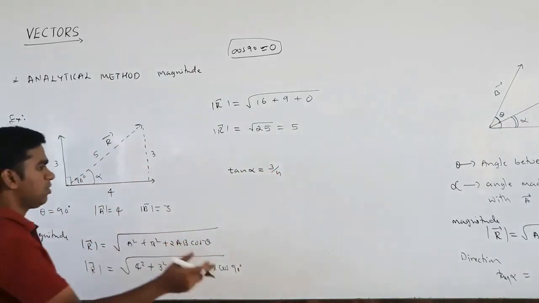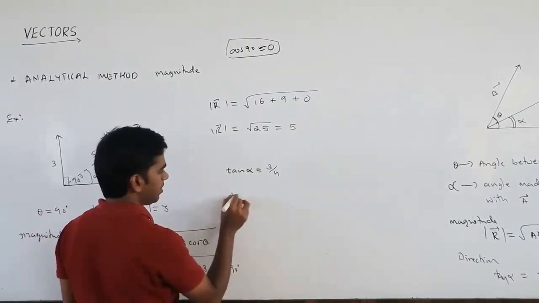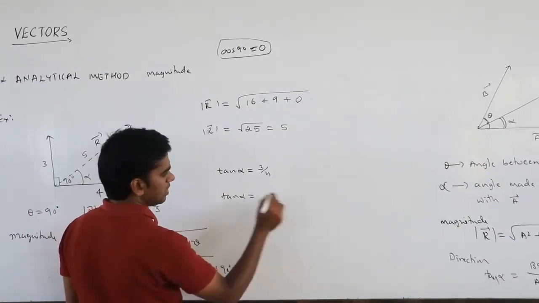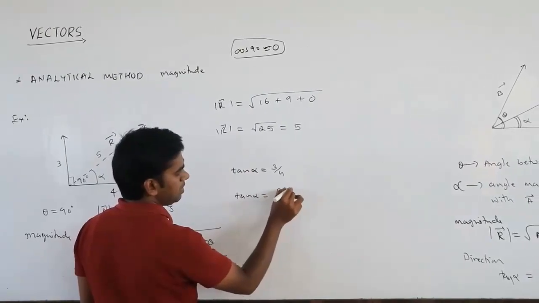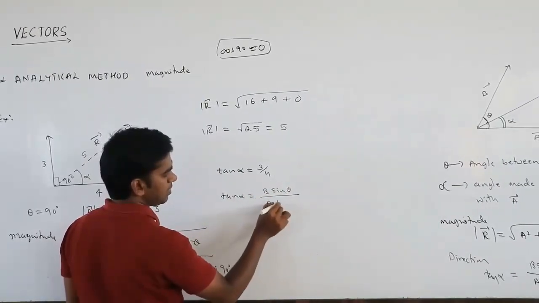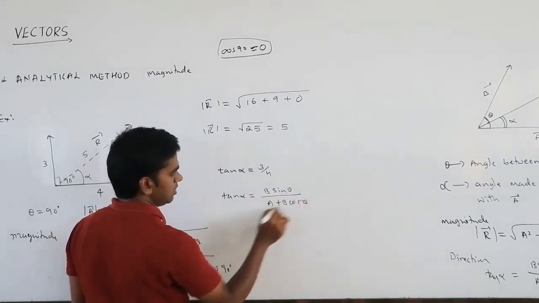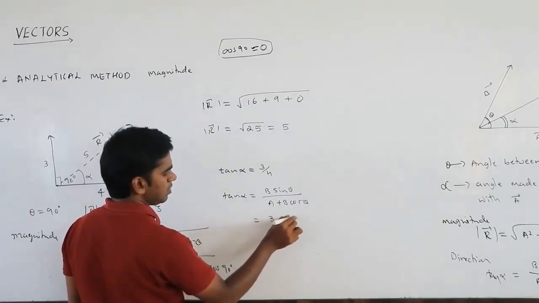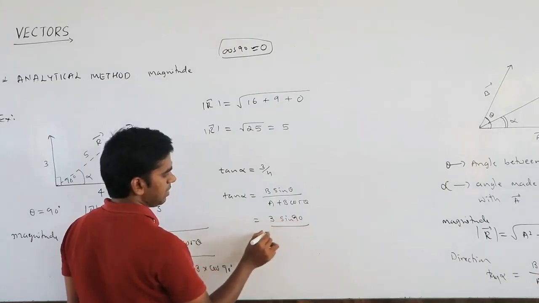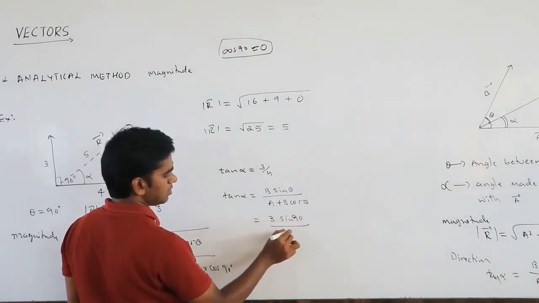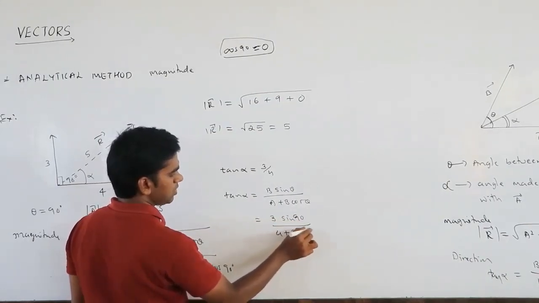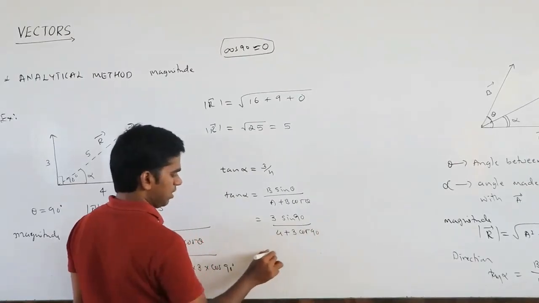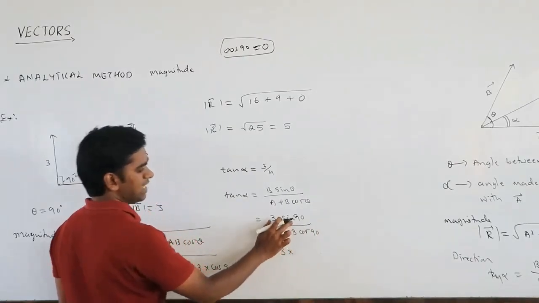If you want to apply the formula as well, let us see what happens. Tan alpha equals B sin theta divided by A plus B cos theta. So B is 3, sin 90 degrees, divided by A is 4 plus B is 3 cos 90 degrees.